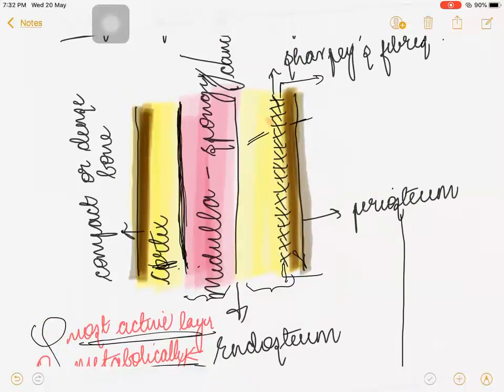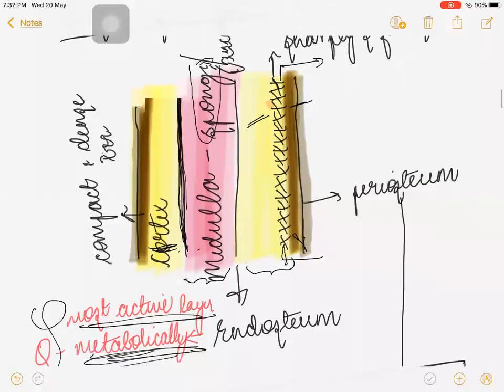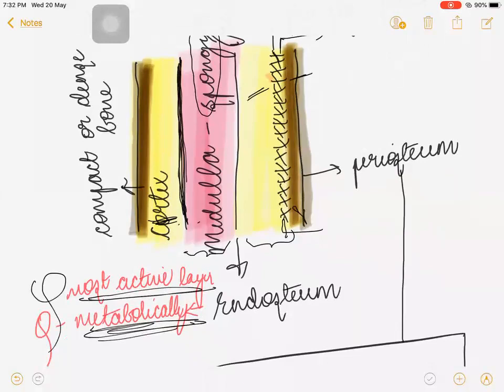So do you have any doubts till now? Pratiksha? Yeah, where is marrow? Okay, this is the most stupid question I can ask. Marrow is basically the spongy part of the bone, right? So that is present in the medulla. So do you have osteocytes there as well?